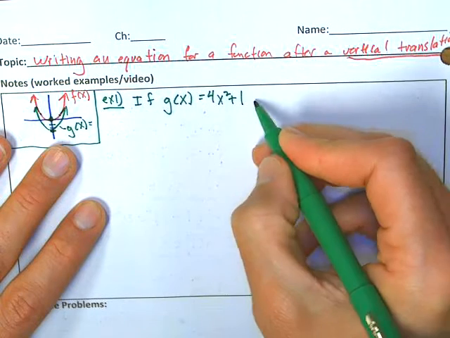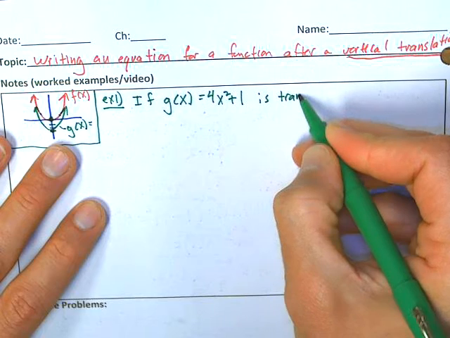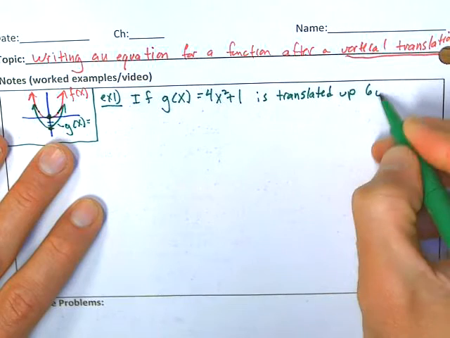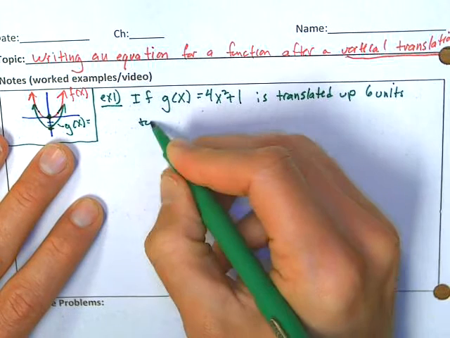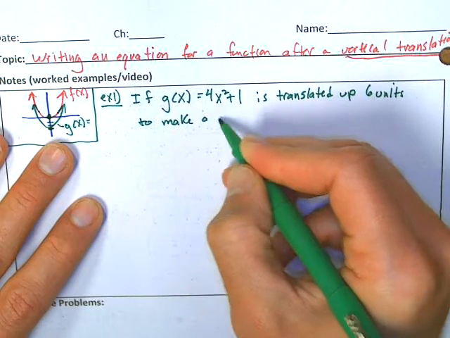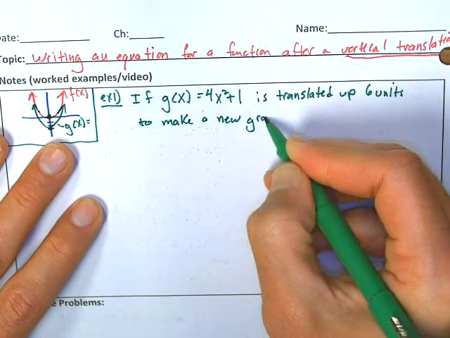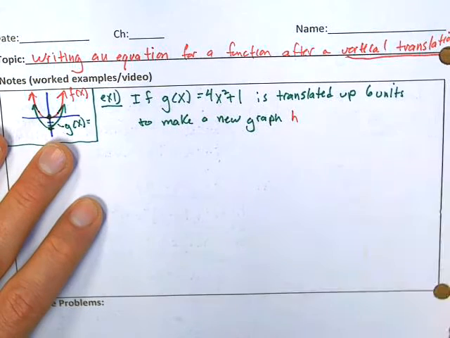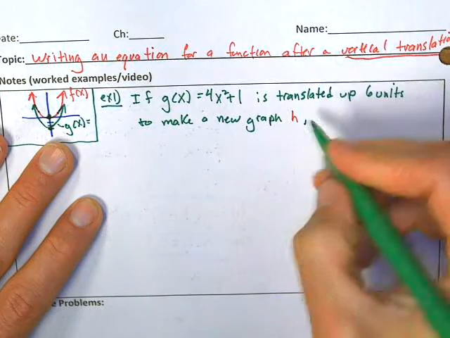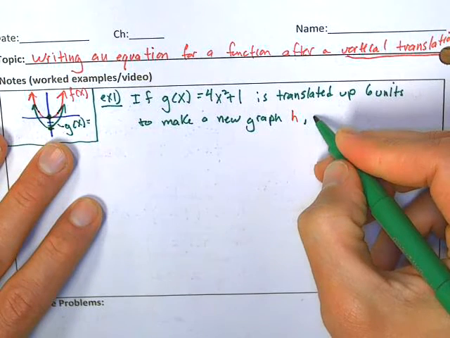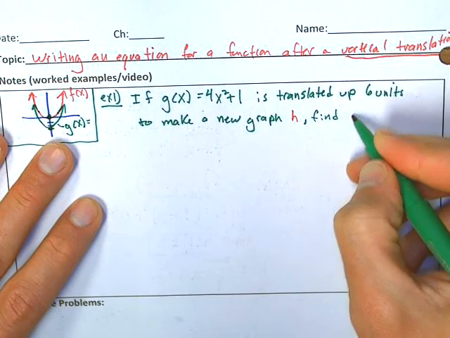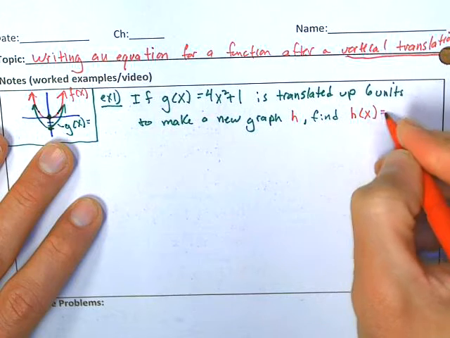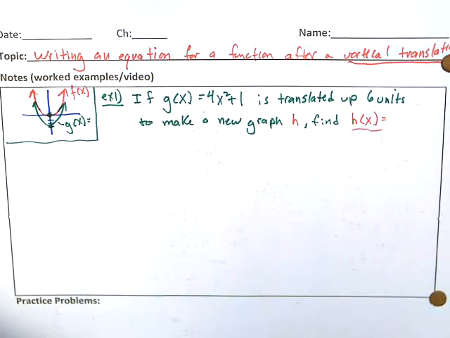So if this function is translated up 6 units to make a new graph that is called h, we want to find the expression for h of x. So what is this new equation going to be?